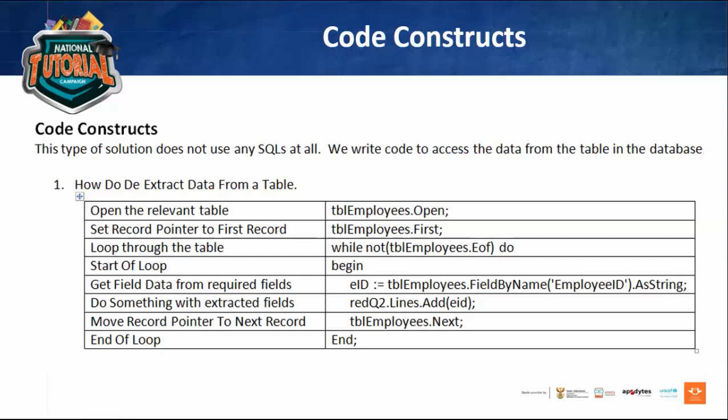Now, what you need to understand is this, that a database table has records. Each record is in a row. So when we open a database table, we actually have a record pointer that's pointing somewhere. And remember, we want to go through the table from beginning to end, right? So the first thing that we need to do is open the table that we want to deal with.